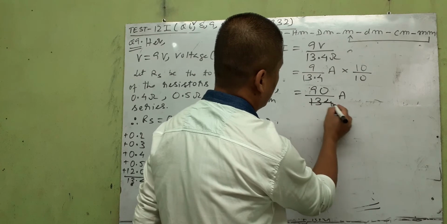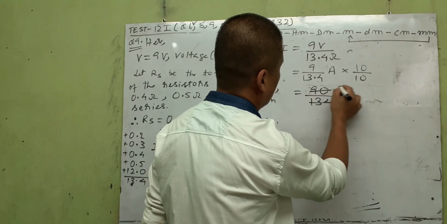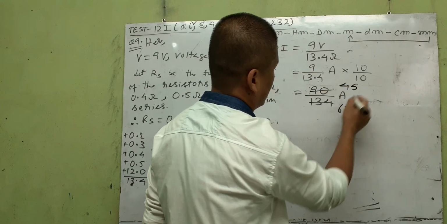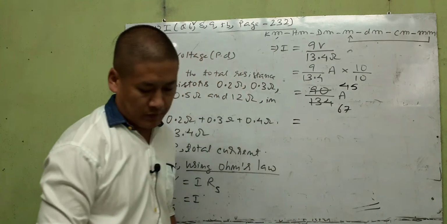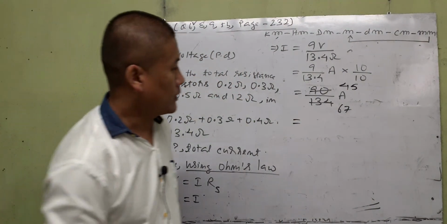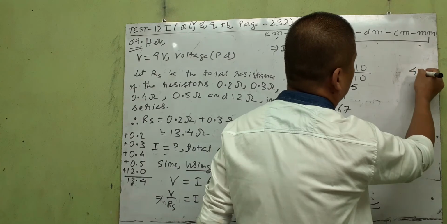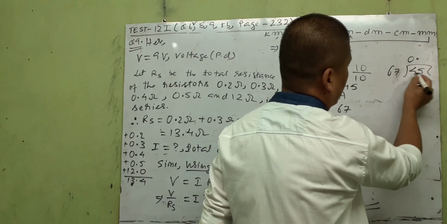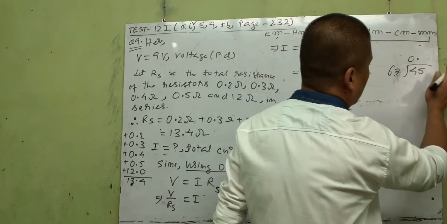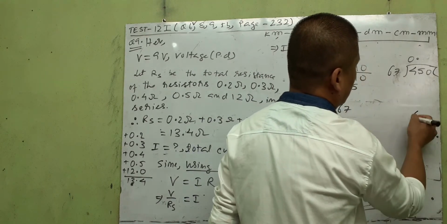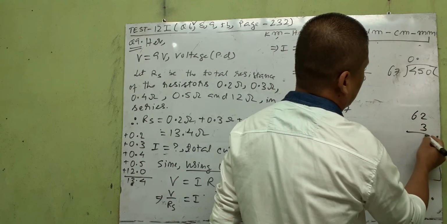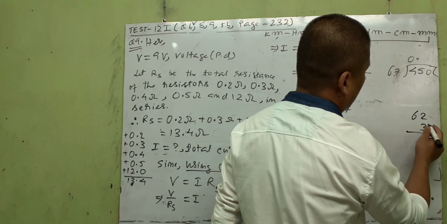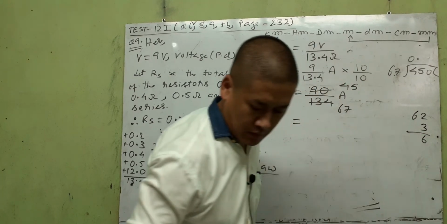Right, so let us cancel this. 2 6s are 12, 1 in hand, 2 7s are 14, 2 4s are 8, 1 in hand, 2 5s are 10. So 45 by 67. So let us divide that. 45 divided by 67. 0 point, because 45 is less than 67, then 10 will come here.